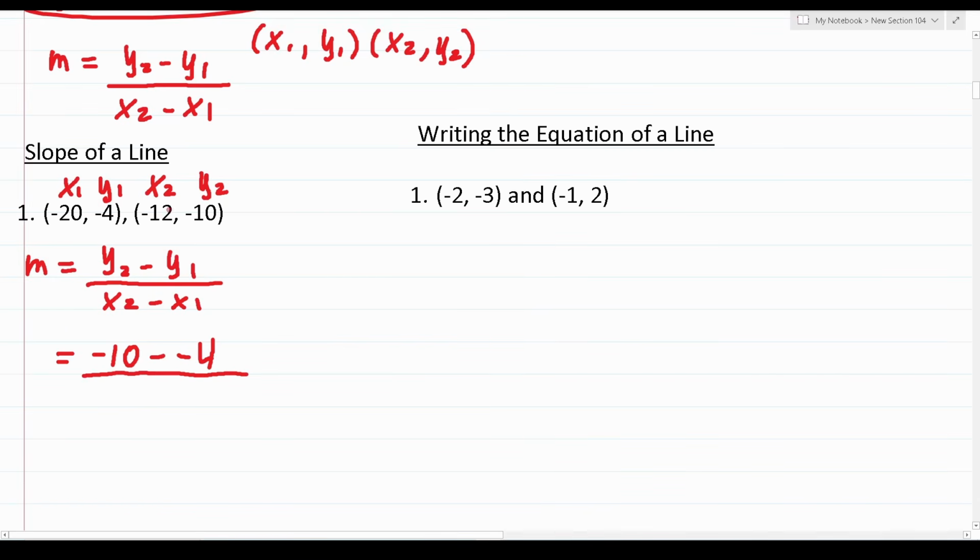What is x2? It's right there. It's negative 12. And what is x1? It's right there. It's negative 20. So these minuses become plus. So negative 10 minus negative 4 simply becomes negative 10 plus 4. Likewise, negative 12 minus negative 20 becomes negative 12 plus 20.